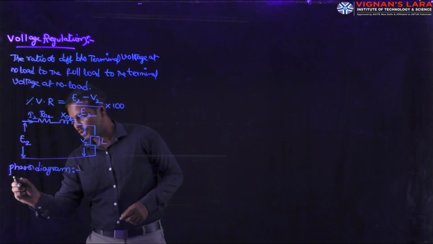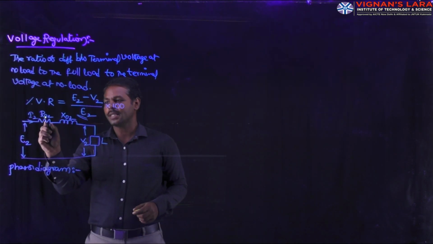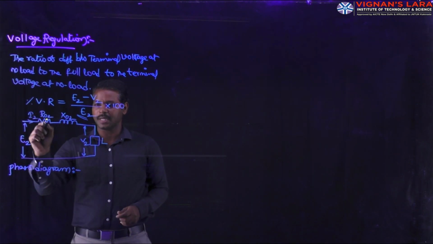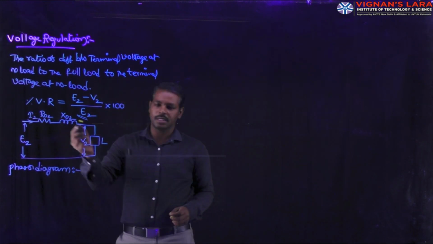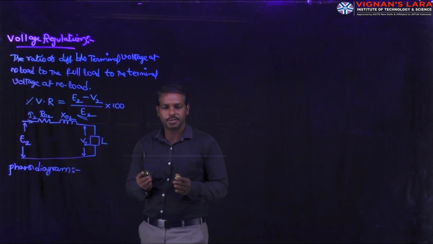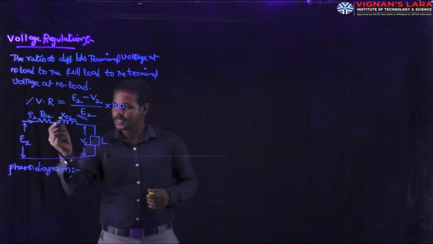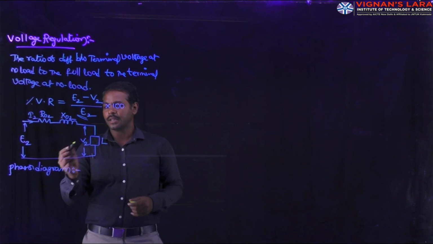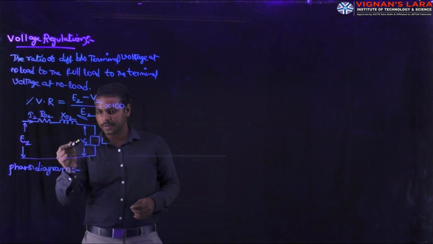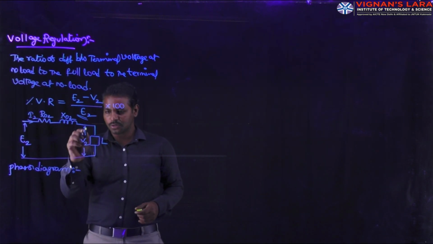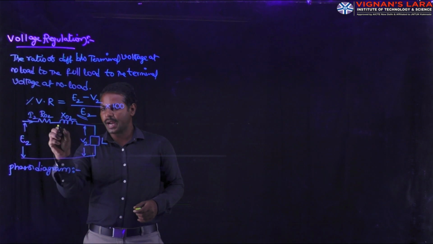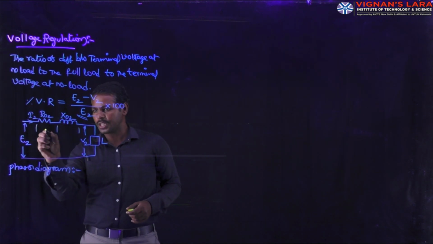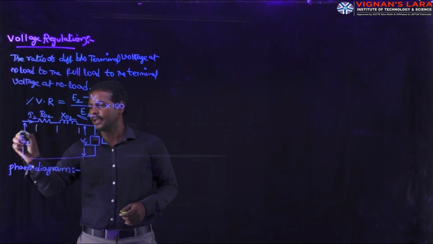R02 is the equivalent resistance of the transformer referred to the secondary side, and X02 is the equivalent reactance referred to the secondary side. In the phasor diagram, the load voltage is added to the voltage drop across these two elements to get E2.